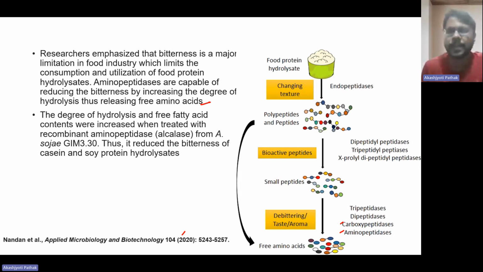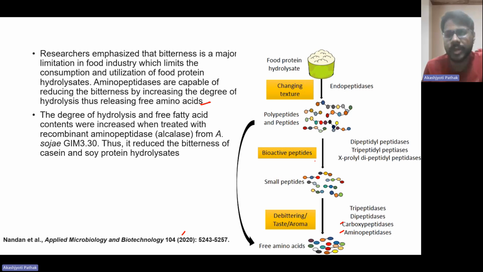So this is the food protein hydrolysate, and when this is acted on by endopeptidases, it is broken down into polypeptides and peptides. Then these polypeptides and peptides are acted on by other peptidases, dipeptidyl peptidases, tripeptidyl peptidases, then X-proline dipeptidases, which break it down into bioactive peptides.